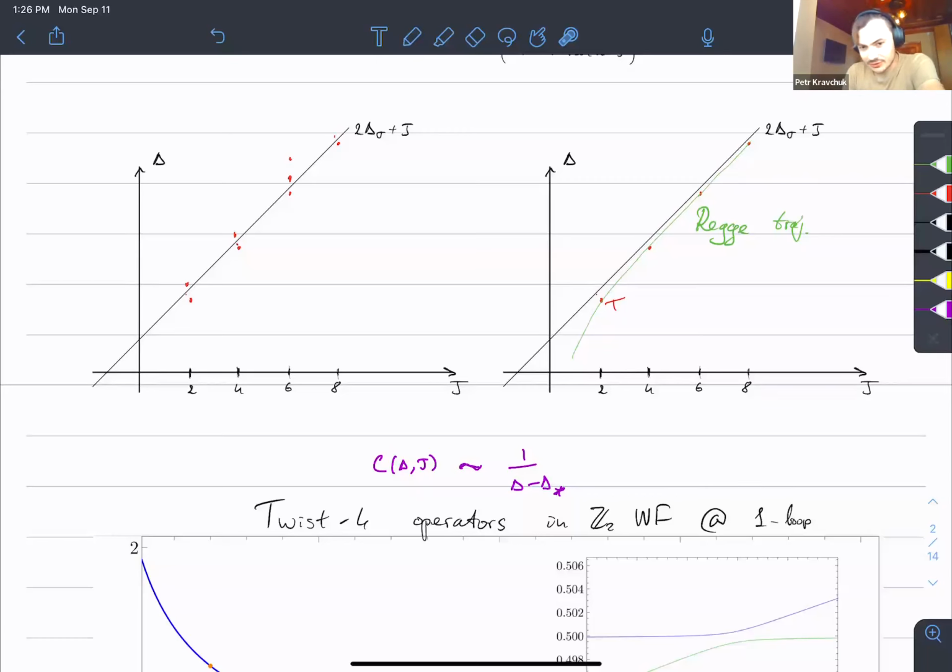You can very precisely calculate the scaling dimension of the stress tensor from light cone bootstrap and see that it's indeed what it should be, even though this is just spin 2 and light cone bootstrap is supposed to work at large spin. So you can be hopeful that maybe you can push this further.